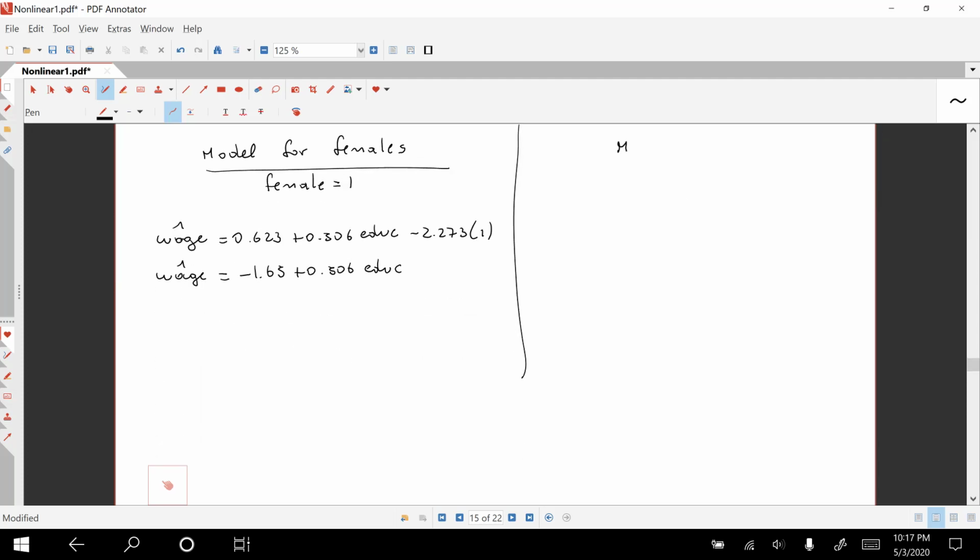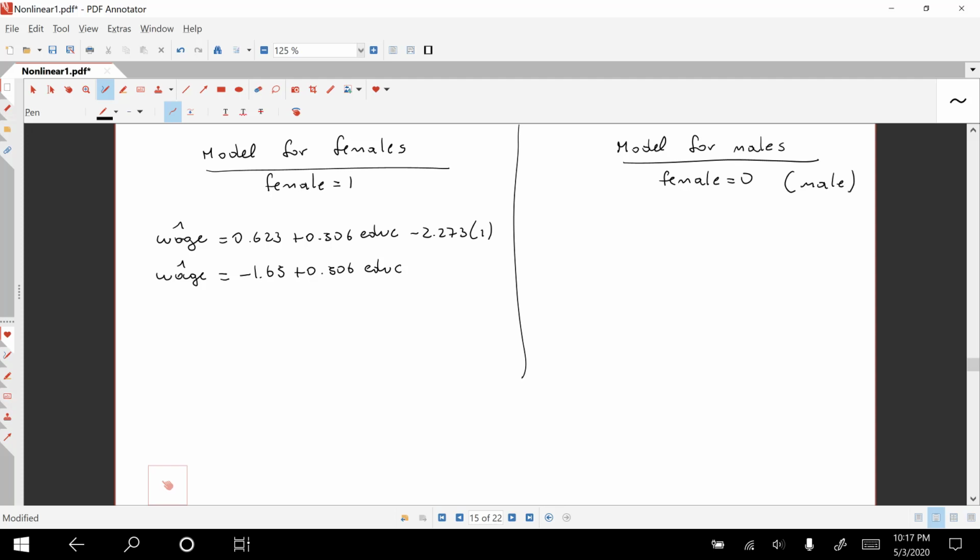Similarly, we can write a model just for males. And remember, for males, female is equal to 0. That's the case.